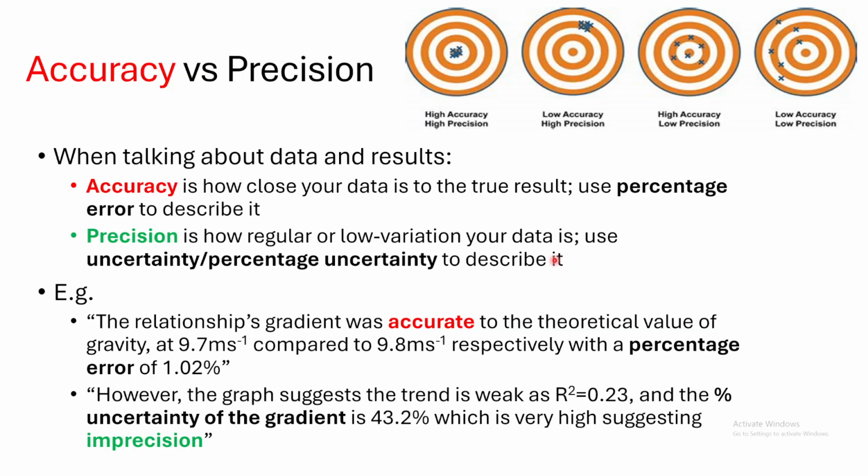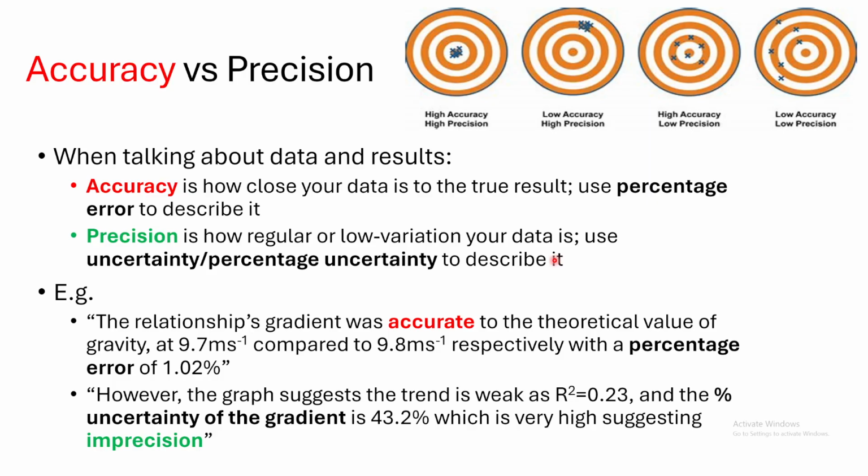For example, the relationship's gradient was accurate to the theoretical value. So it was 9.7 compared to 9.8. So this had a percentage error of 1.02%. But the graph itself suggests that the trend is weak, as R squared is very low, and the percentage uncertainty of the gradient is very high.